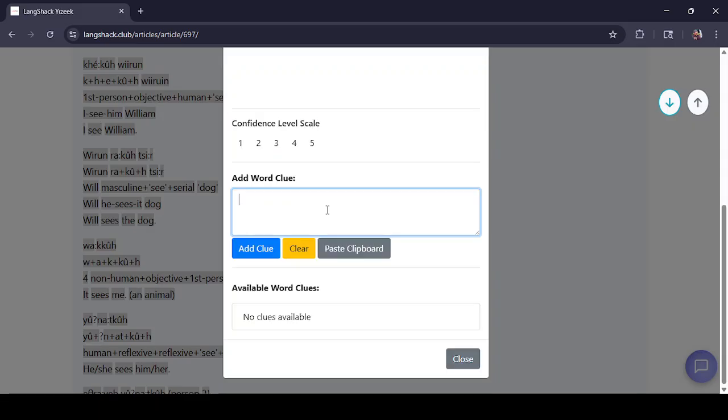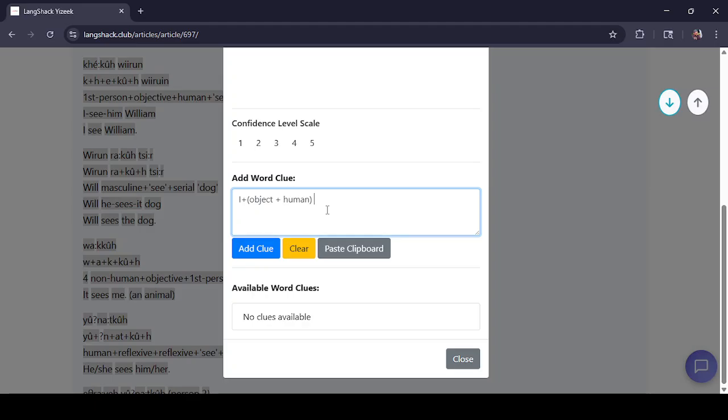This is essentially like I plus, and then you have to make it an objective. The fact that you have an object in here, plus the fact that it's a human. And that is this right here that you see.